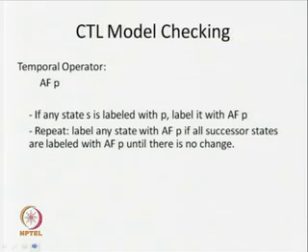Now, you just see that I am copying this particular temporal operator, AFP, which we have already discussed, because we already know that we have operators: next state, future, globally and until, along with two path quantifiers. For all paths we have AX, AF, AG and AU.